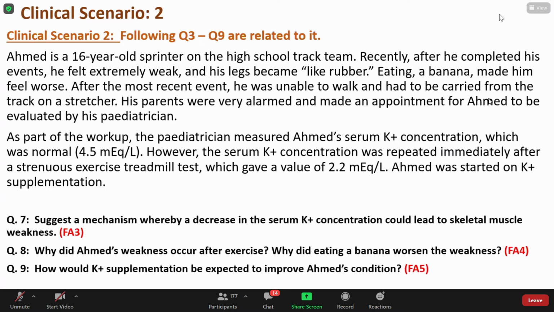But you know that banana is rich in potassium. So why would there be a problem in this case when he eats banana? The hypokalemia becomes worse, and it weakens.